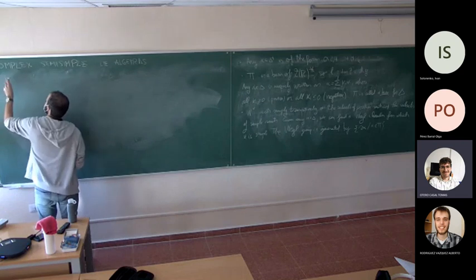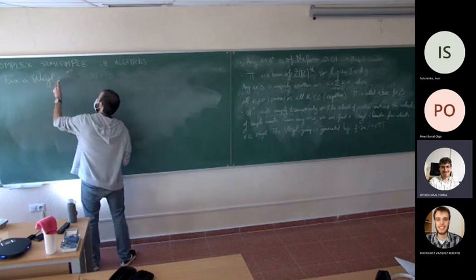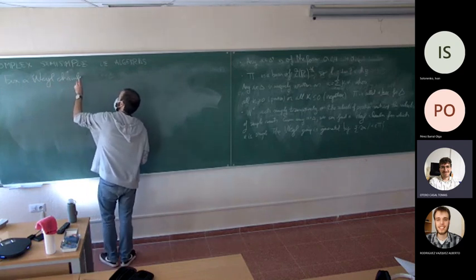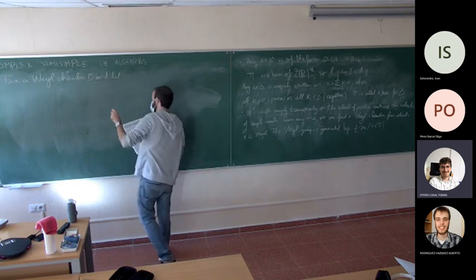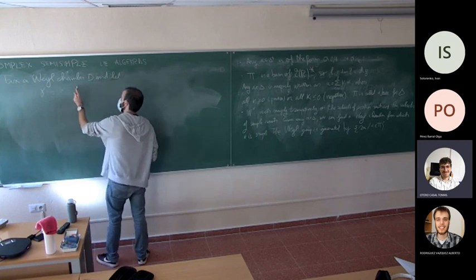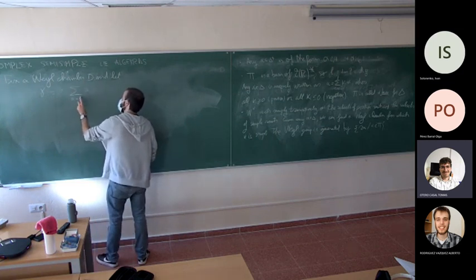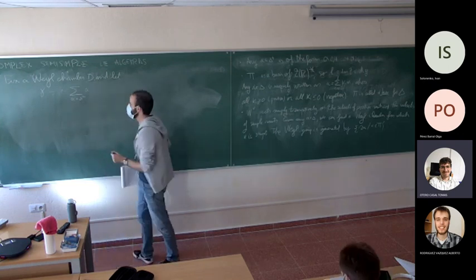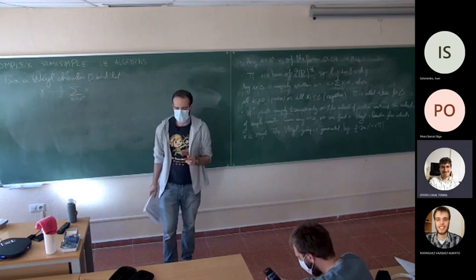So fix a Weyl chamber and we define this special covector gamma to be the sum of all positive roots associated to the Weyl chamber divided by 2.